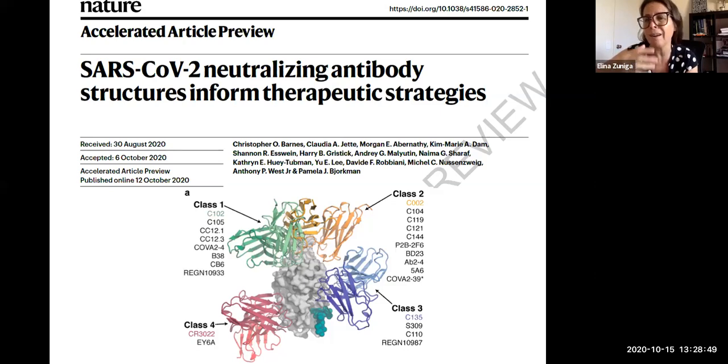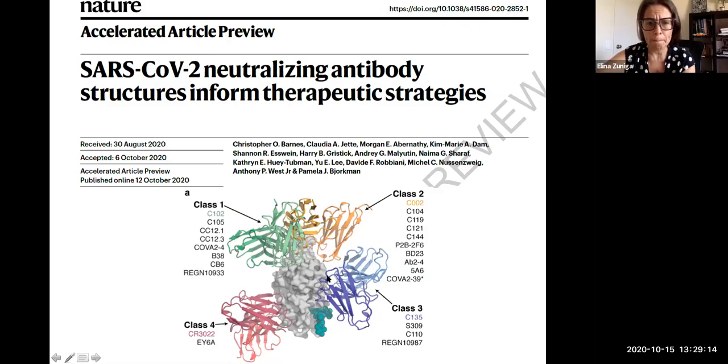And of course, there is great interest in that because they can be used for therapeutic purposes. And you have heard now in the news that our president was injected with some neutralizing antibodies to attenuate the spread of SARS coronavirus 2.